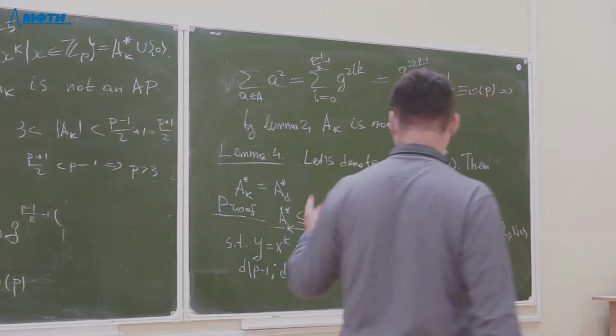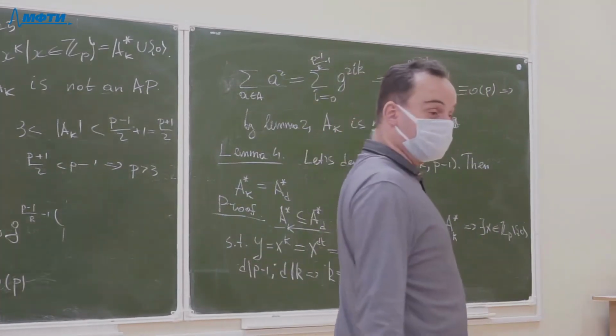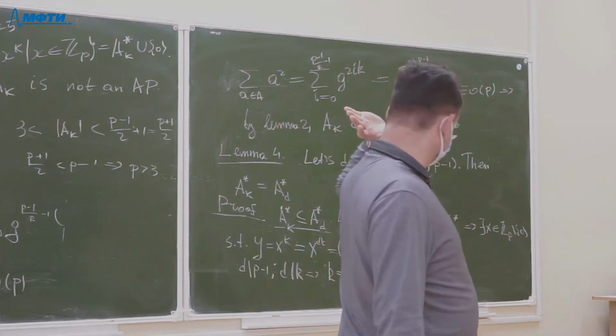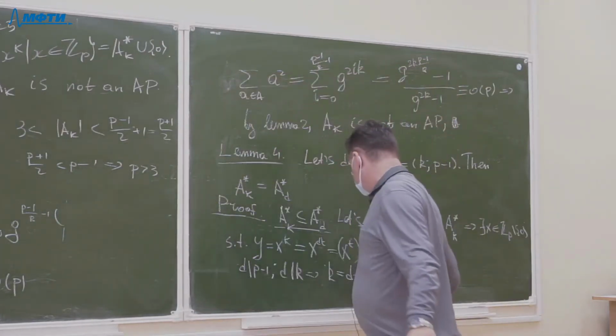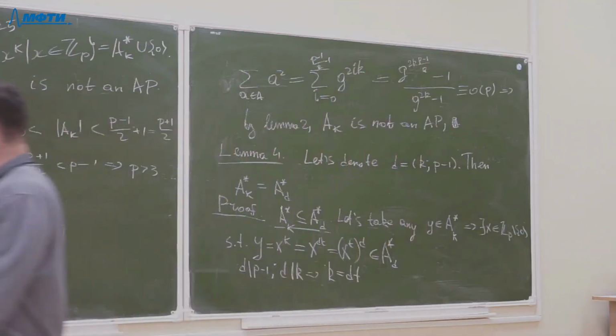So which means that A_K* is a subset of A_D*. Now the inverse inclusion: A_D* is a subset of A_K*.